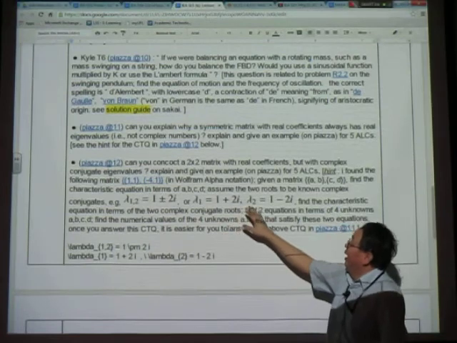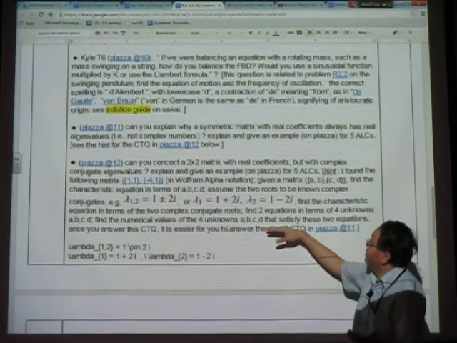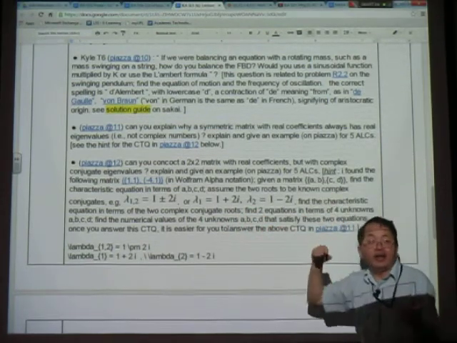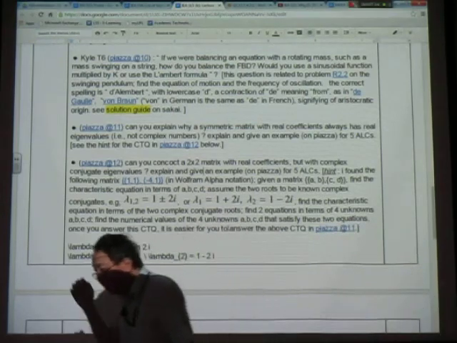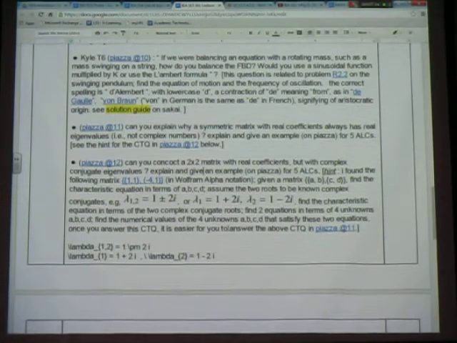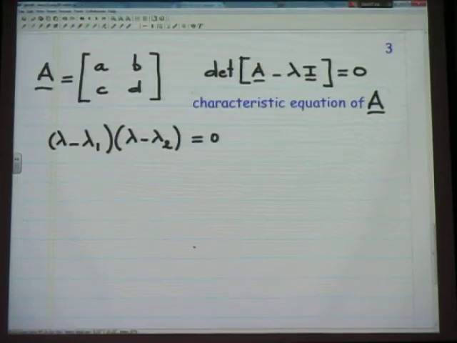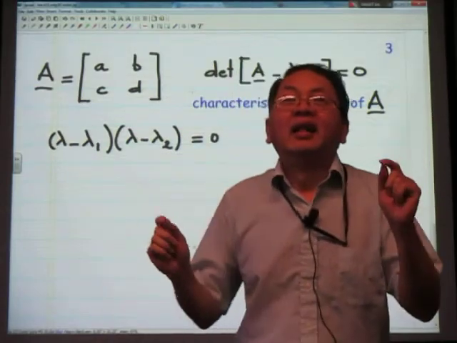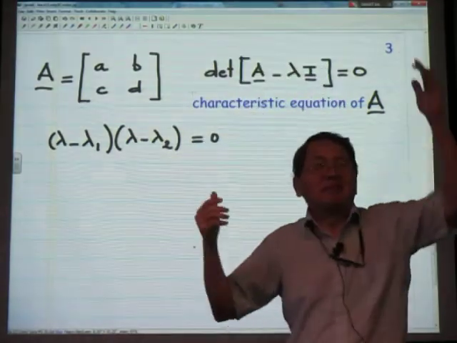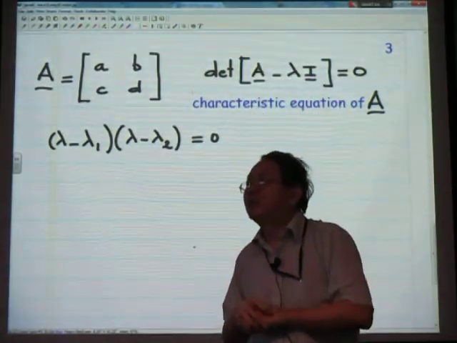All you need to do next is identify the two characteristic equations. How many equations for how many unknowns? Active learning credits. How many equations for how many unknowns? Come on, raise your hand. Two equations, two unknowns.